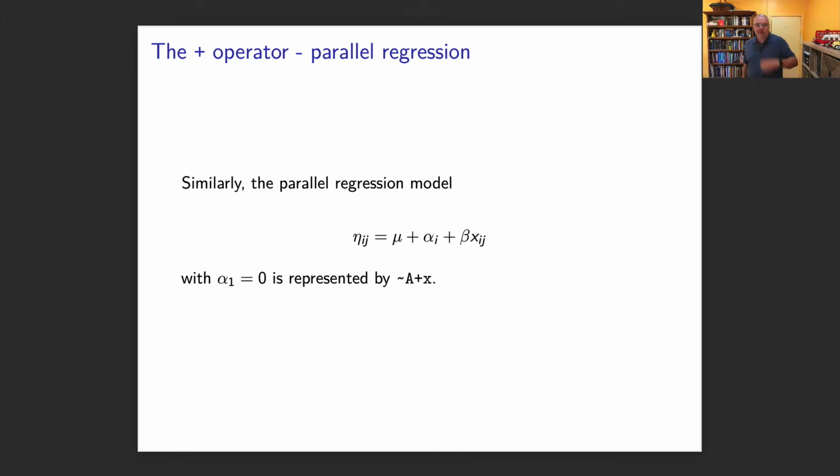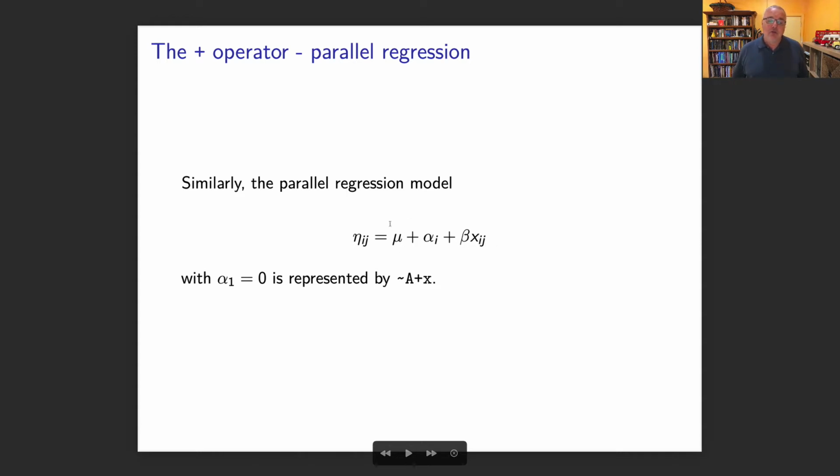We've also seen this in parallel regression. In parallel regression, we've got a quantitative variable, which we'll call x, and a factor, a categorical variable, which is represented by our alpha. You can see there's a single slope to get the relationship between our expected values and our continuous predictor.